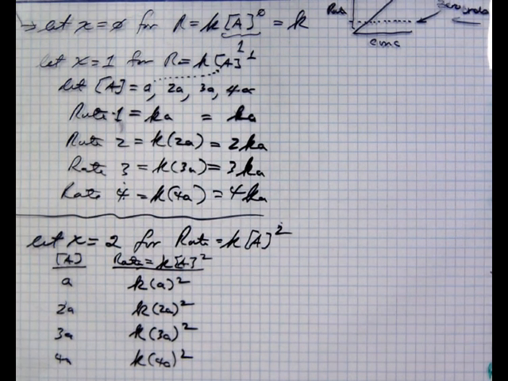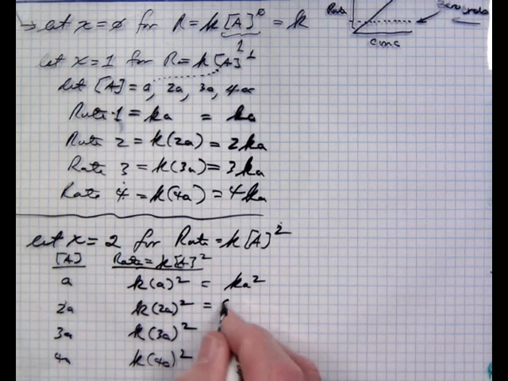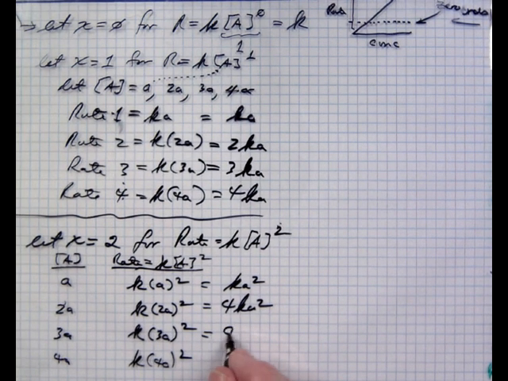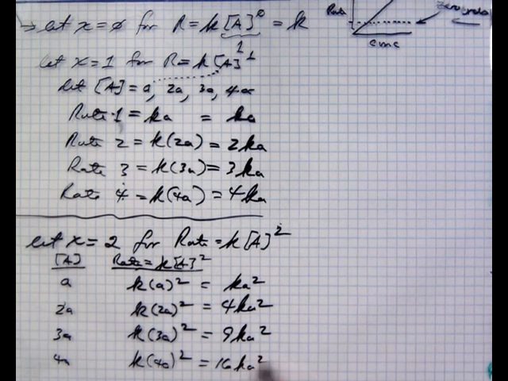So we just simply took the empirical rate law and applied changing concentrations. The first one, remember, is the reference. You have to have something to compare to. So this comes out as KA squared, this comes out 4KA squared, and this one comes out 9KA squared and 16KA squared.